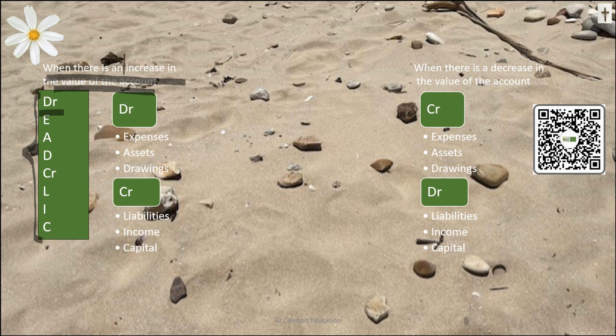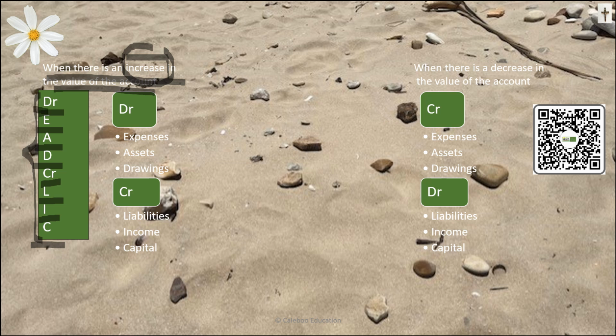So remember, when there's an increase in value, we debit E for expenses, A for assets, D for drawings. When there's an increase in value, we credit liabilities, income, and capital. So your acronym is DEADCLIC.